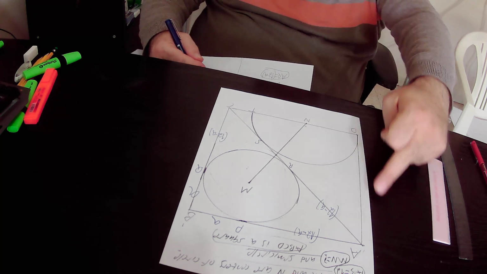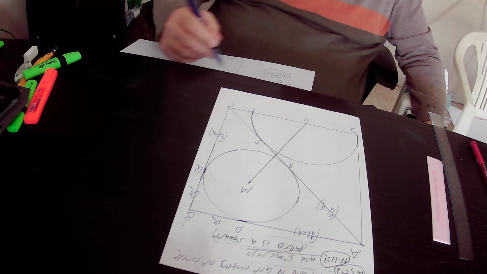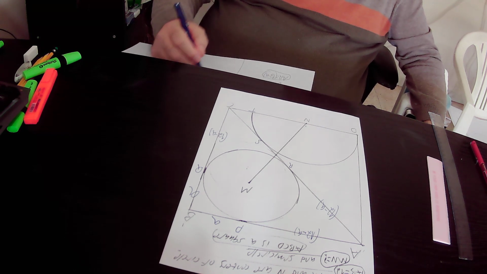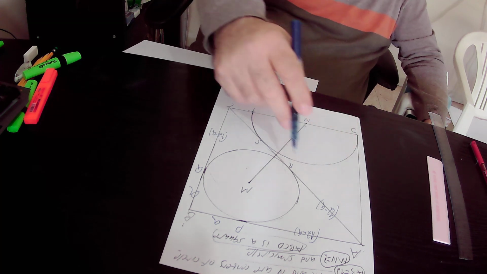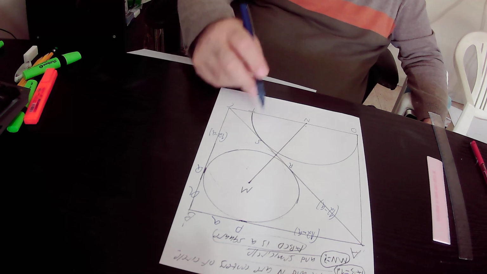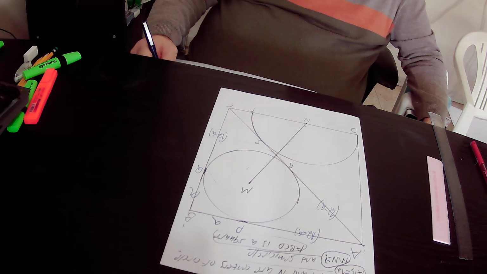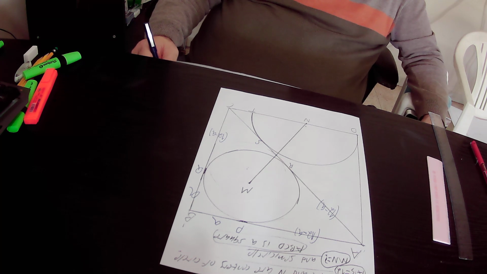The first tangent is tangent AD. Tangent AD is tangent to this semicircle at point D. Point D is the point of tangency, and we also have tangent AS. Tangent AS is tangent to this semicircle at point S. Point S is the point of tangency.